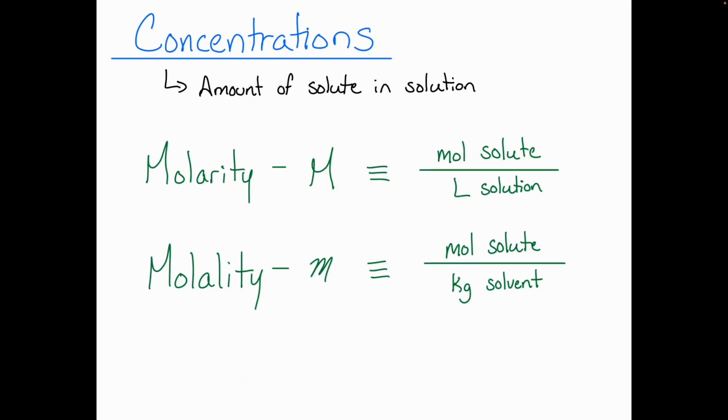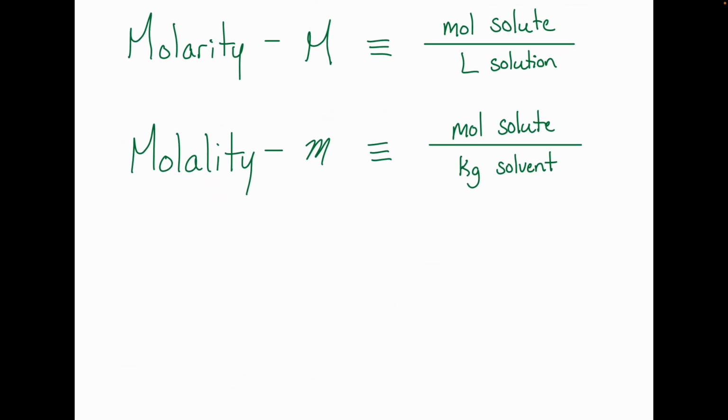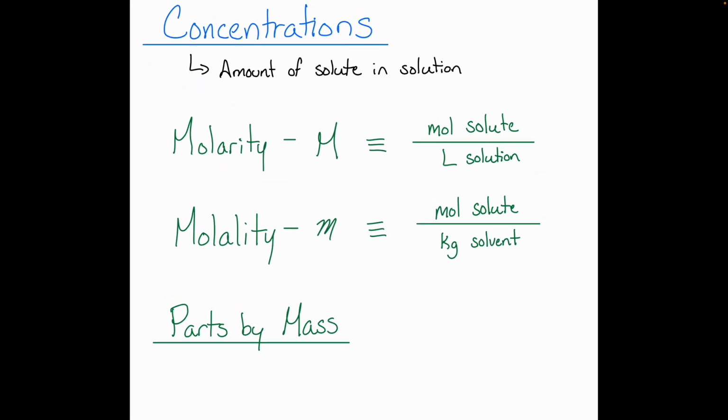All right, so our next three are going to all fall under a particular umbrella called parts by mass. And whereas molarity and molality are very unique to a chemistry classroom, these are all the units that everybody else in the world uses.